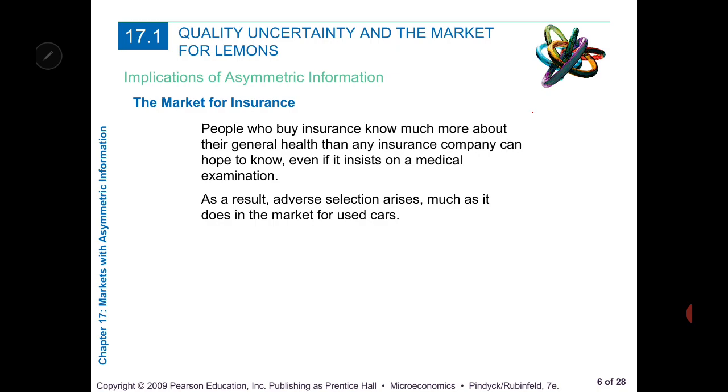They know their health, they know their dietary habits, they know their history of disease in the family, but they are buying insurance from a company, from the seller, and the seller has little information about their true state of health. Okay, so in this case there's asymmetric information, but this time it is the buyer that has more information than the seller. And you still get adverse selection, similar to the case of used cars just now.